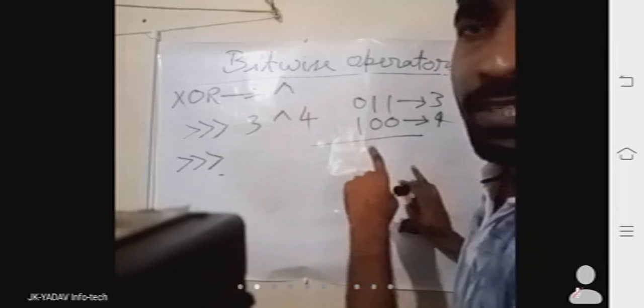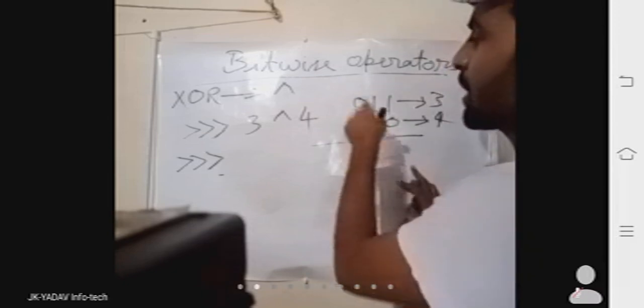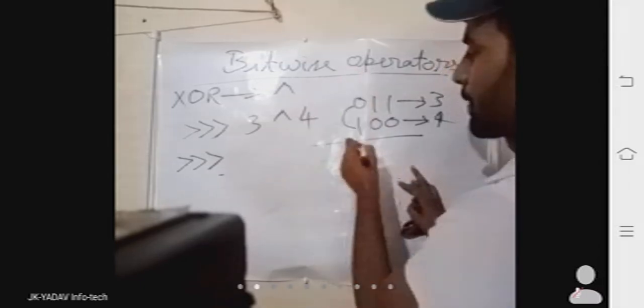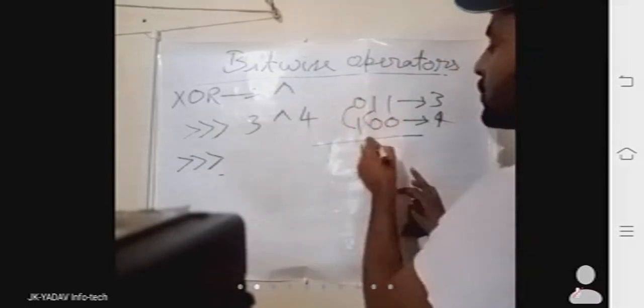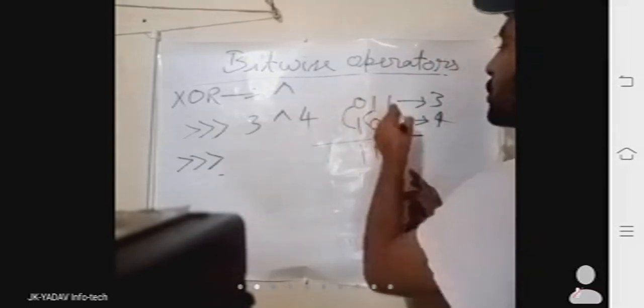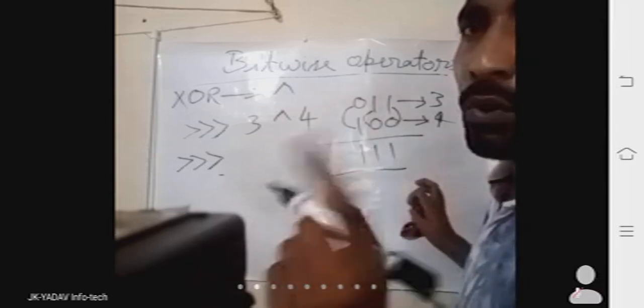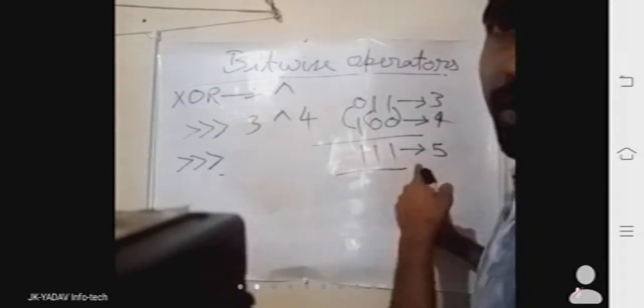Okay, you can see the picture now. If you take here 0, then if you compare 1 and 0, according to XOR you get the result as 1. 1 and 0 again you get 1. 1 and 0 again you get 1. It means if you compare 3 XOR 4, then you get the result as 5.